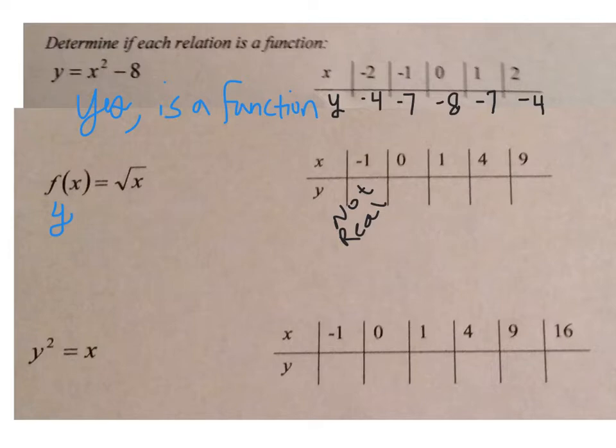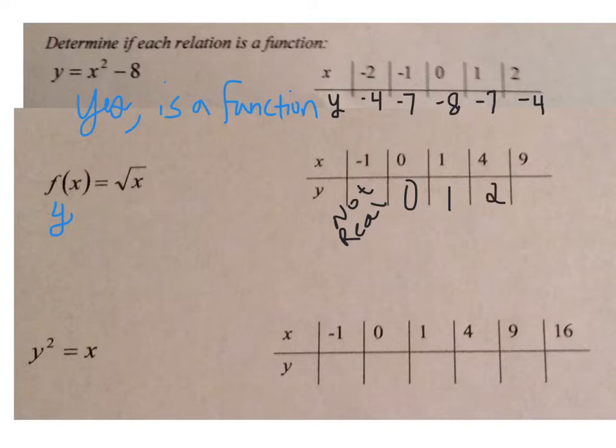What is the square root of 0? Well, it's 0. No other way I can get another number besides 0 when I put in 0. 1, the square root of that is 1. There's no other way I can get another number besides 1 when I put 1 into this function. The square root of 4 is 2.